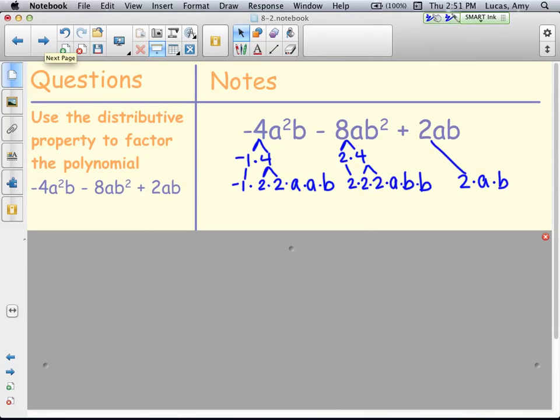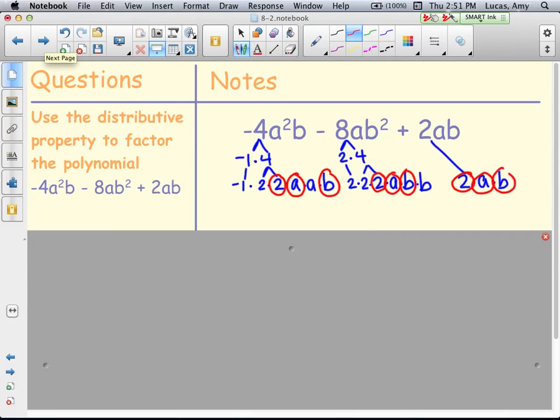Okay, so their GCF, what they have in common. I've got a 2, an A, and a B. So, 2AB. What's left? -1 times 2 is -2 times A, -2A. Minus 2 times 2 is 4 times B, 4B.